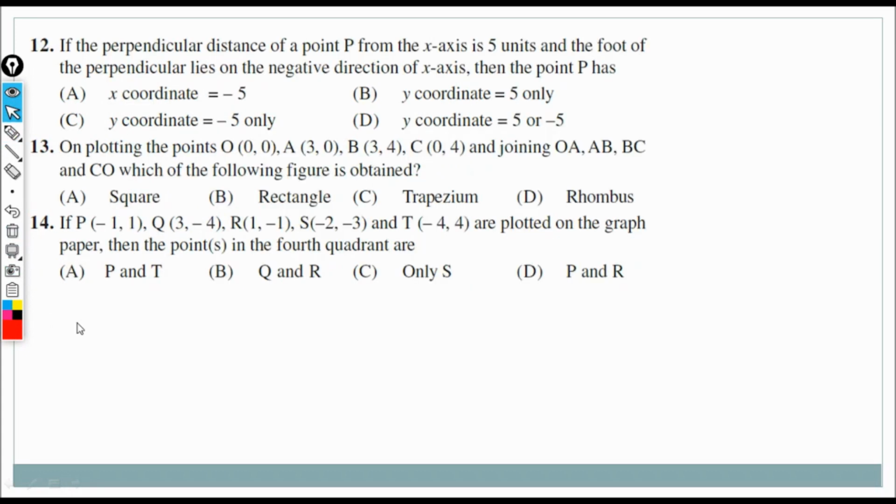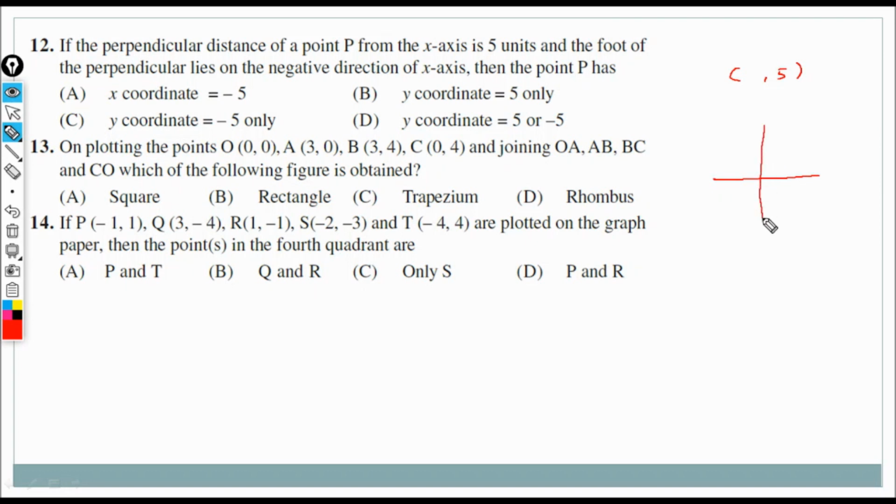Question number 12. If the perpendicular distance of a point P from the x-axis is 5, that means y coordinate is 5, and the foot of the perpendicular lies on the negative direction of x-axis, then point P. See here, try to understand this question, bachcho.